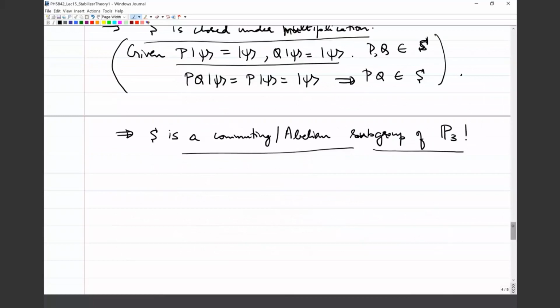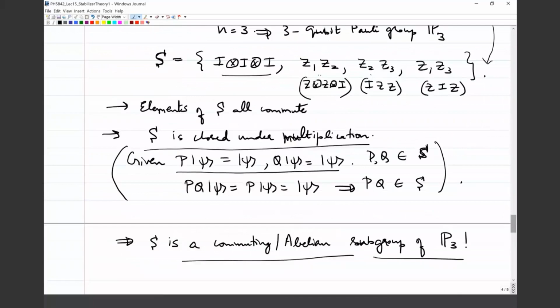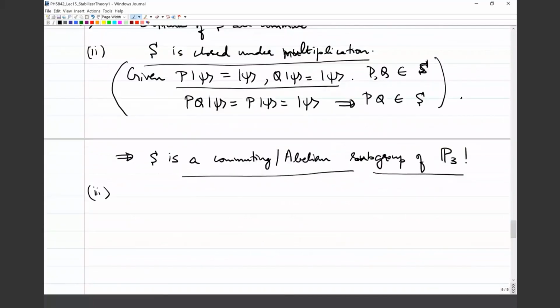So first of all, the elements of these commute. Second is that it forms a group, so it's closed under multiplication. And the third thing you can observe is that identity is always an element of S.